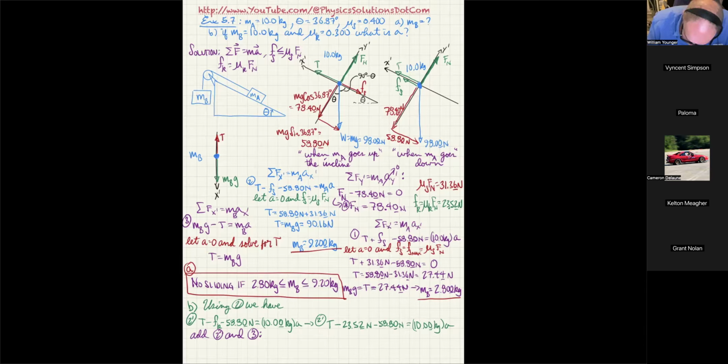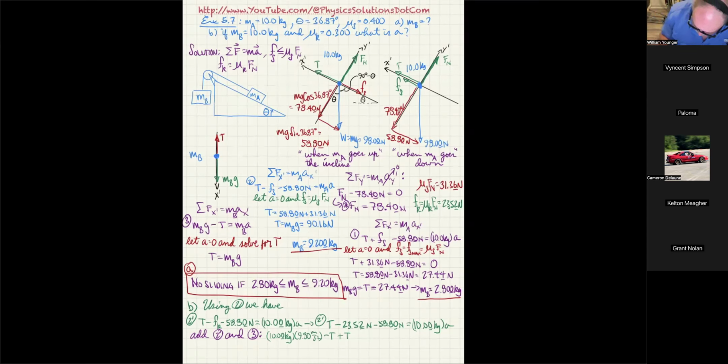I'm going to get 10.00 kilograms times g, or excuse me, I might as well write it as times 9.80 meters per second squared, minus T plus T, minus now 23.52 plus 58.80 because they're both negative.